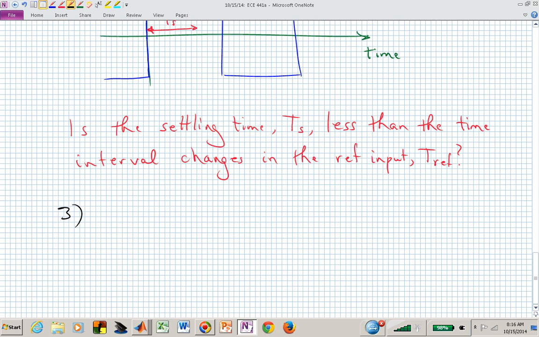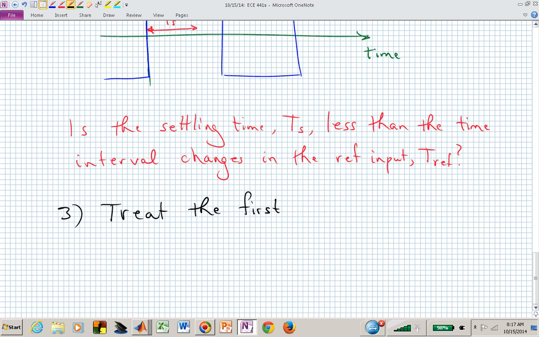What we want to do then, the other assumption that we can make in order to compute the steady state error, is to treat the first or any of these time segments, but usually if we're applying the final value theorem, we like to have something that's nice, and we usually start at 0.